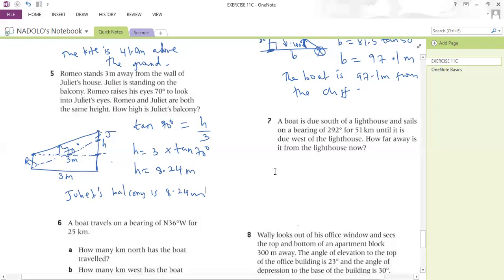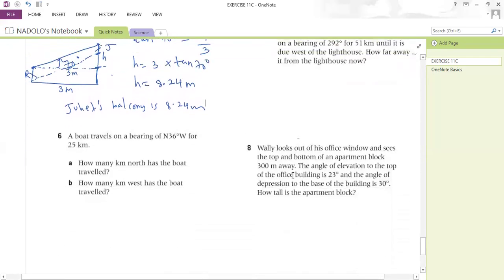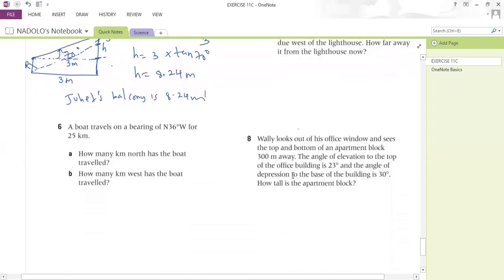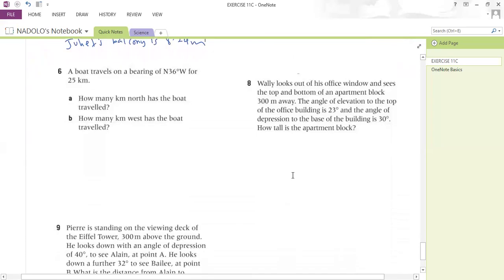And then let's go to number 6. A boat travels on a bearing of N 36 degrees W for 25 kilometers. So this is compass bearing. So it is in northwest 36 degrees for 25 kilometers.